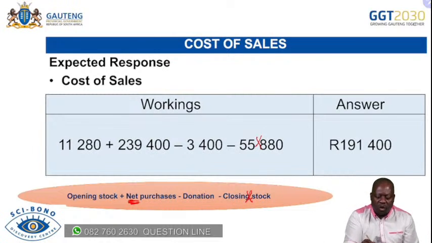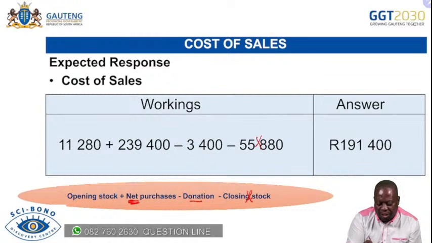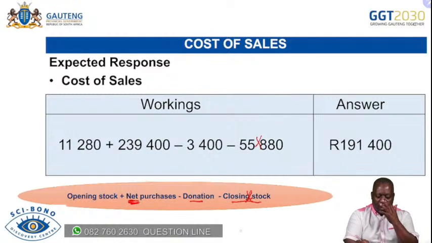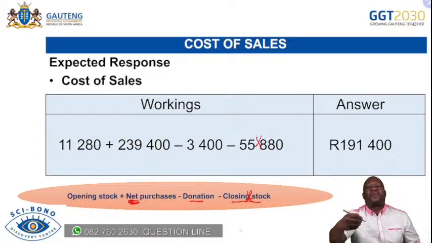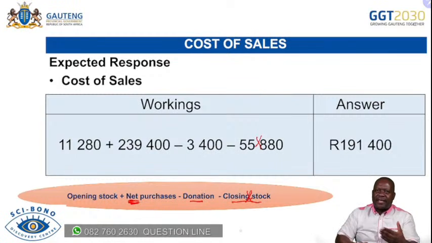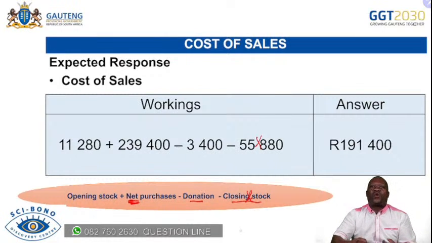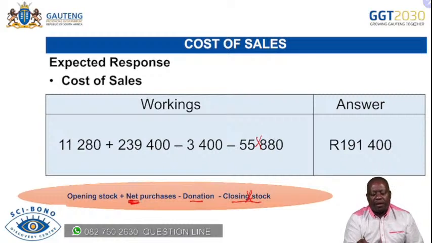And then we also remember to subtract donations and the closing stock. So usually closing stock is a figure coming from the previous calculation. We always say calculate the value of the closing stock and then, as a follow-up, calculate cost of sales. So you must have this from the previous question, and then it's going to be opening stock.